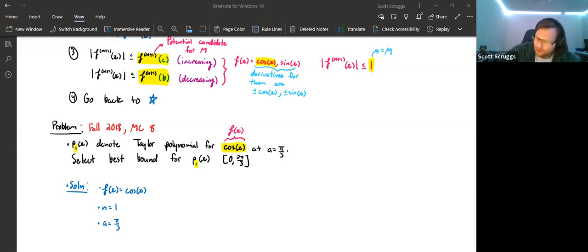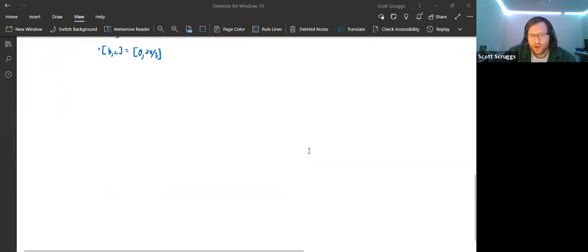We are also told that our center for this Taylor polynomial is going to be at pi over 3. So that's what we're basing our approximation on. And the interval that we are working with for all values for x to be plugged in is 0 to 2 pi over 3.